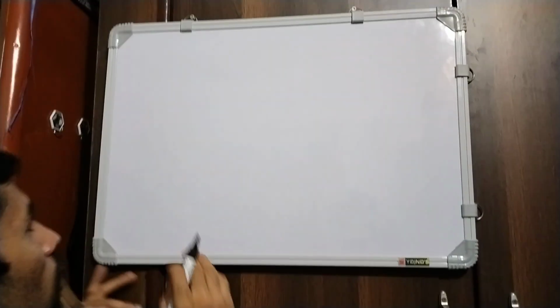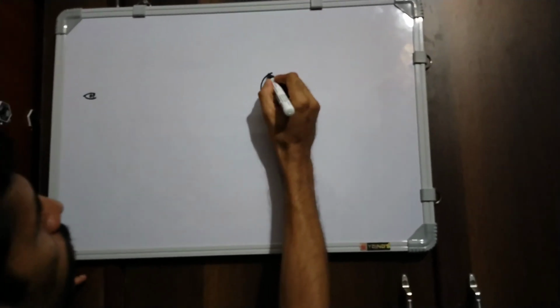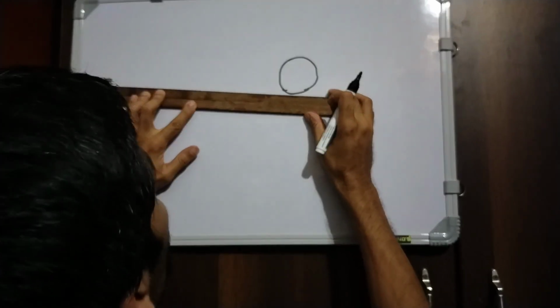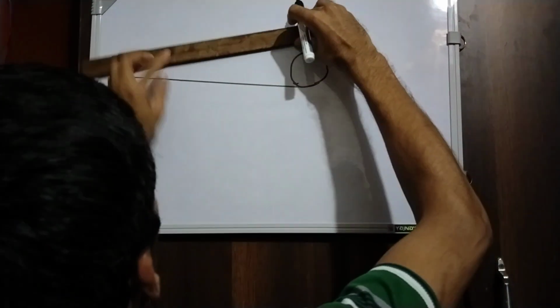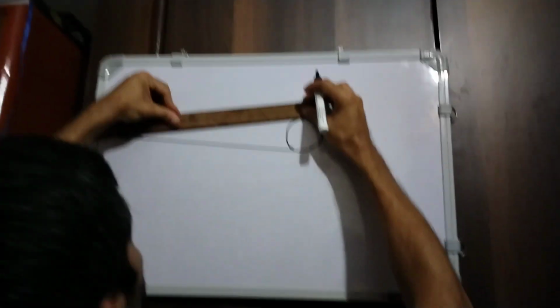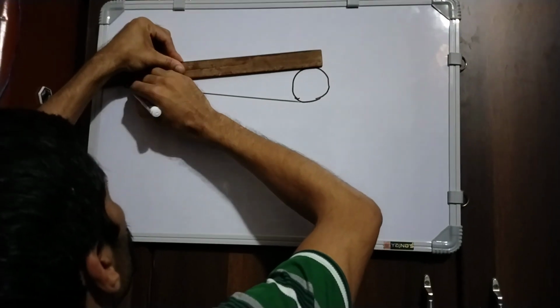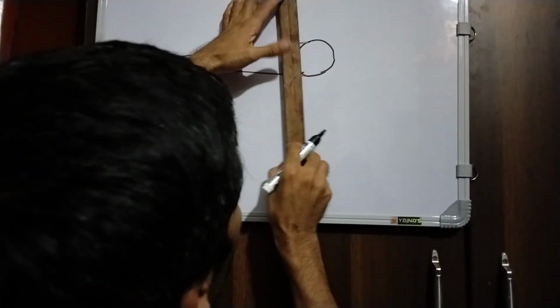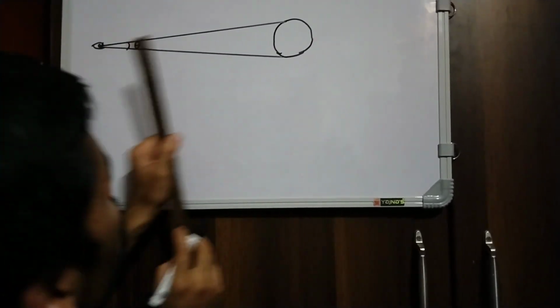Now let us derive a formula for visual angle. What is the formula for visual angle? Here is the human eye, and here is the object. Now I have to measure this angle theta.